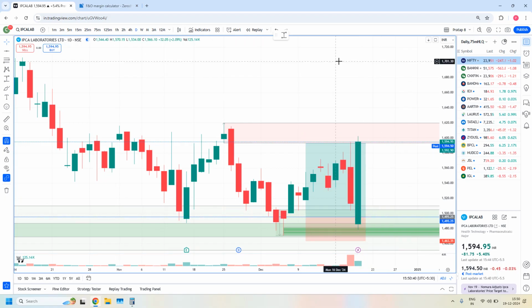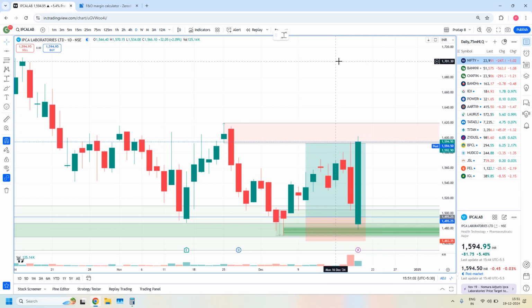So definitely we get something around 6 or 6.2% profit if you take it in the cash segment without taking any margin from the brokers.